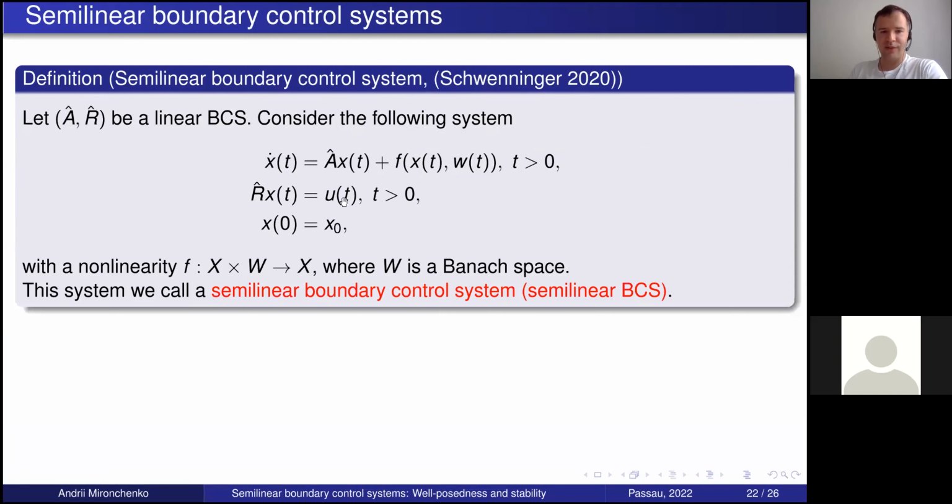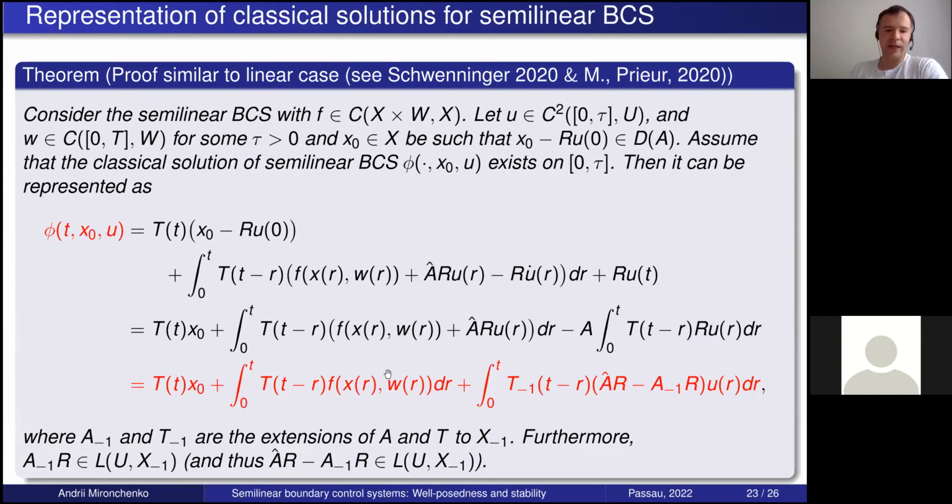I have just divided this boundary input and distributed input. Okay, so basically we have here a combined input. So here could be u and w as well, and w also C2. Right, yes, you're right. Then that's not really a representation. That's an implicit formula for the solution, right?